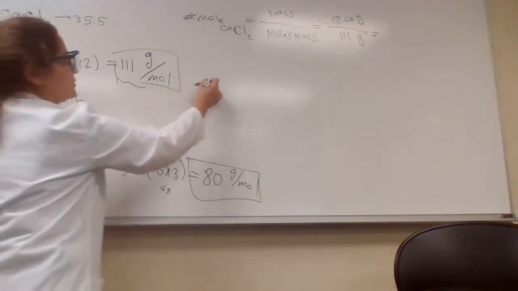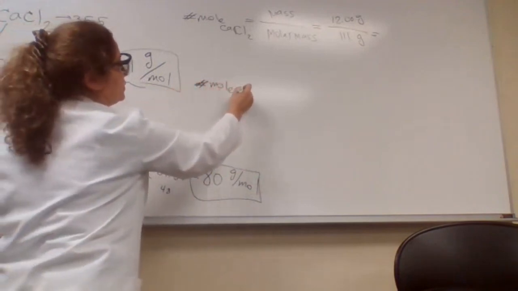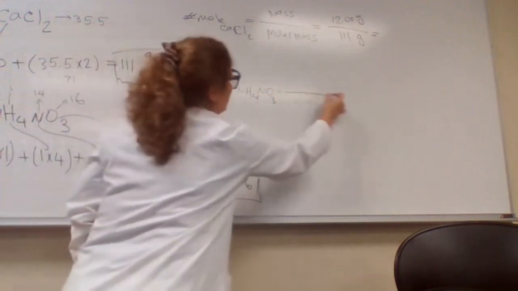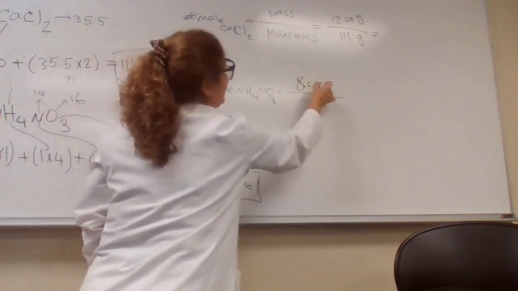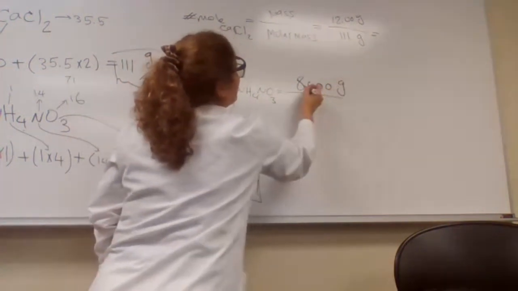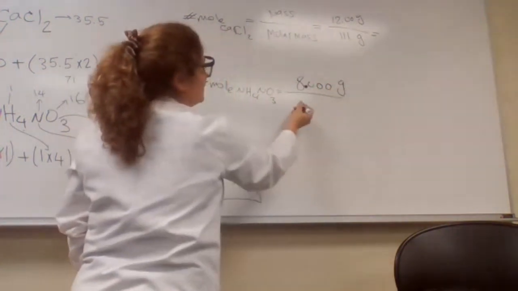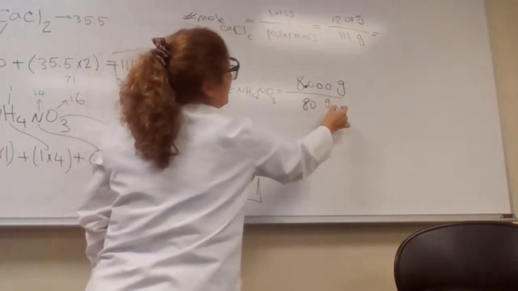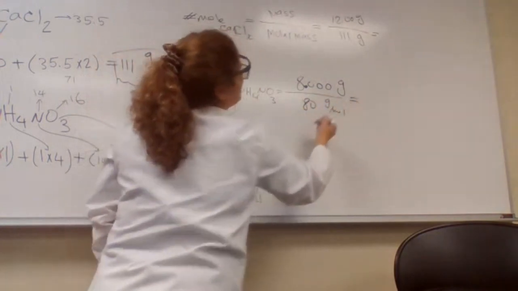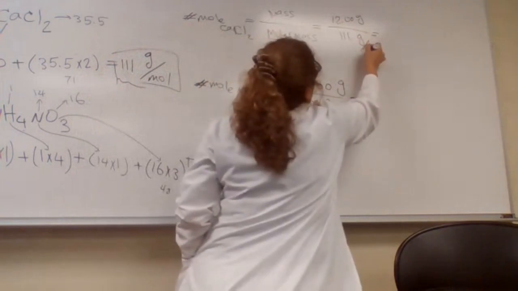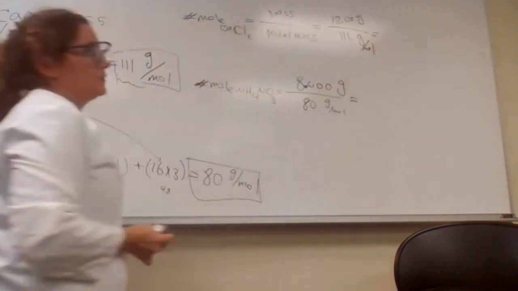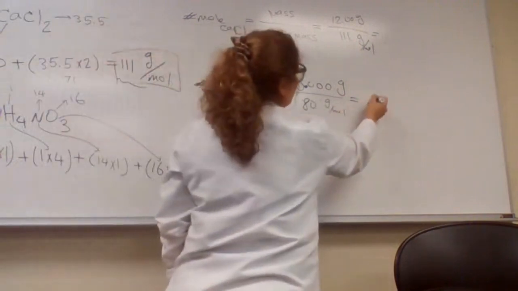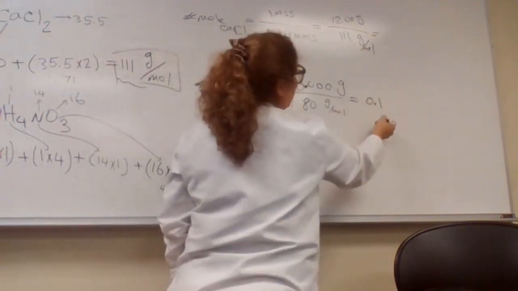So number of moles for the other one, for ammonium nitrate, is going to be 8 grams. We measured 8 grams. 8.00 grams divided by 80 gram per mole. So whatever number you have here, this is going to be 0.1, right?